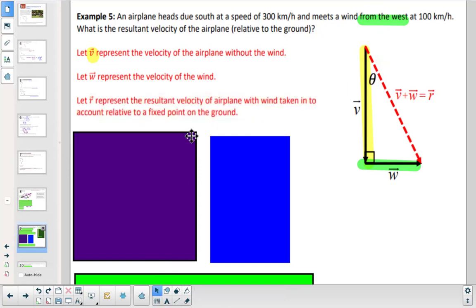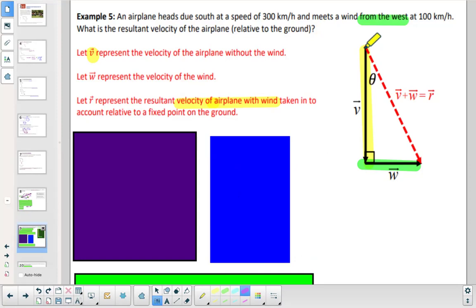let R represent the resultant velocity of the airplane with the wind. So the velocity of the airplane with the wind taken into account relative to a fixed point on the ground. So this is the actual path that the plane is going to travel. I'm going to say that again. The resultant represents the path that the plane is going to travel.